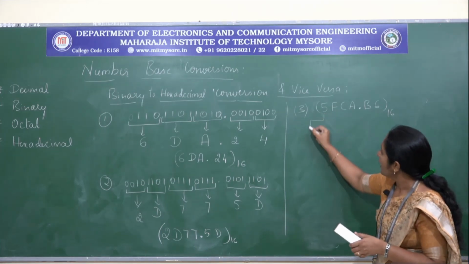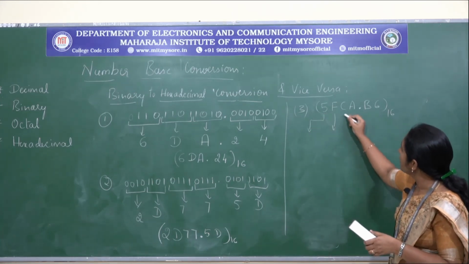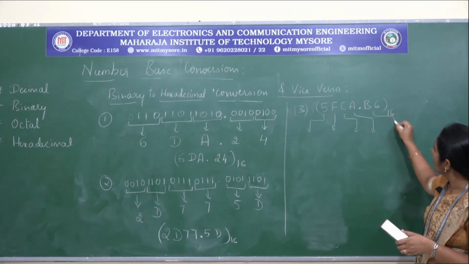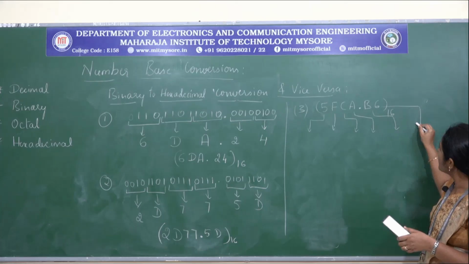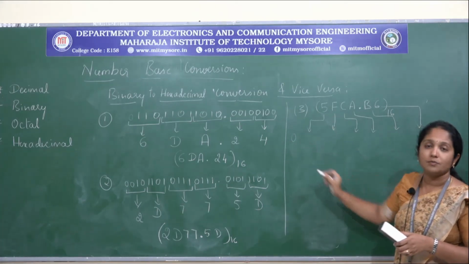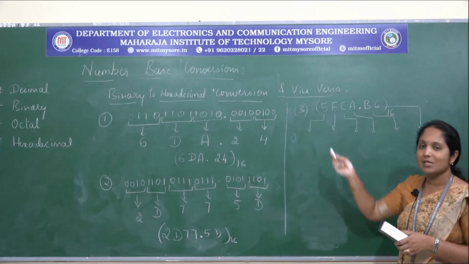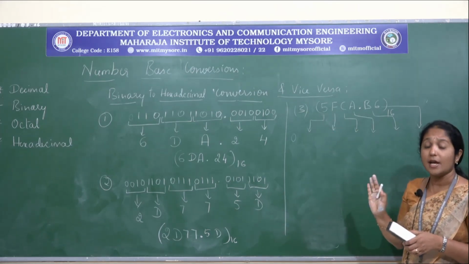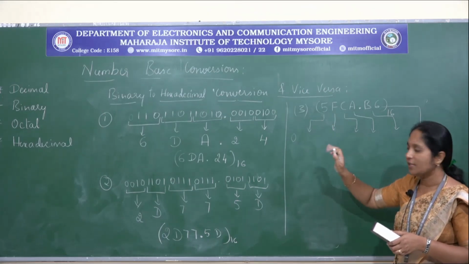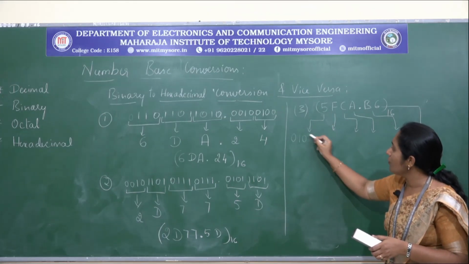Here I have 5, next I have F, C, A, B, at last 6. 5, how is it represented using 4 bits? 5 can be represented using only 3 digits, but still we are representing 5 using 4 digits, that is the procedure we need to follow.